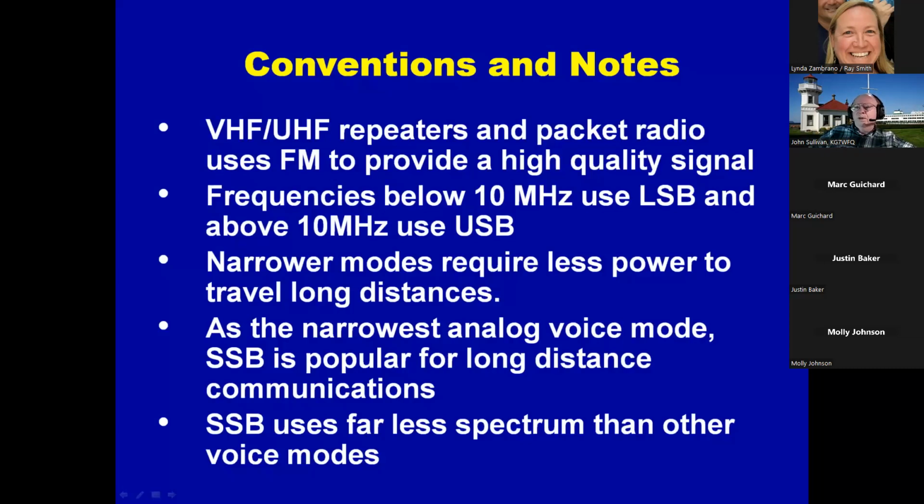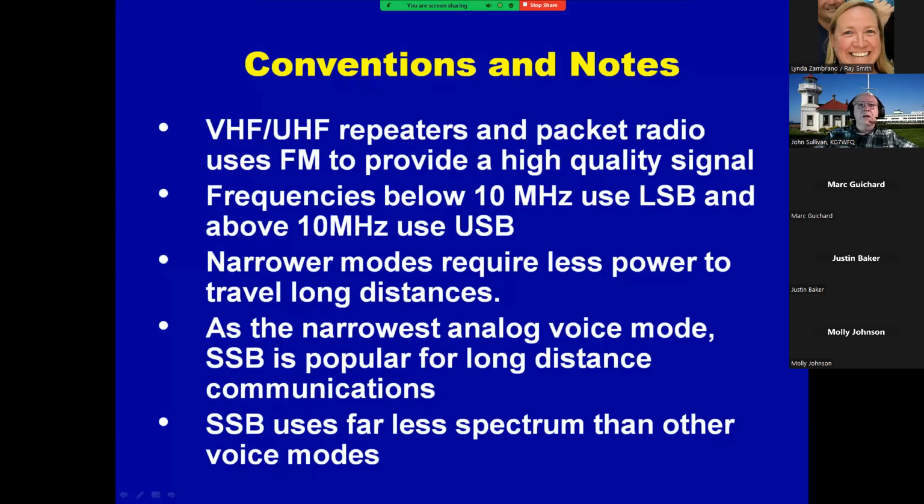Your HF voice communications that you will normally see are going to be single sideband. It has that narrower bandwidth, so it uses less spectrum, and you can get more bang for your buck, if you will. As I mentioned, though, there is some loss in quality with single sideband, but it is the mode of choice for long distance voice communication.